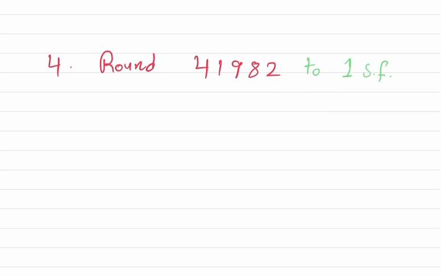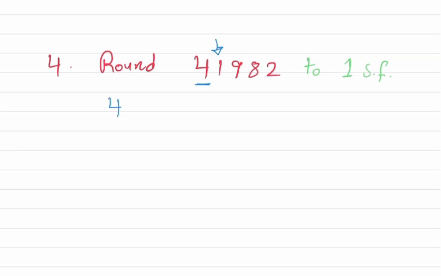Question 4. It says, round 41,982 to one significant figure. In this case, I will count from the beginning of the number, and the first significant figure is 4, and the number to its right is 1, so the 1 is not going to be able to push the 4 to 5, so it will remain 4.